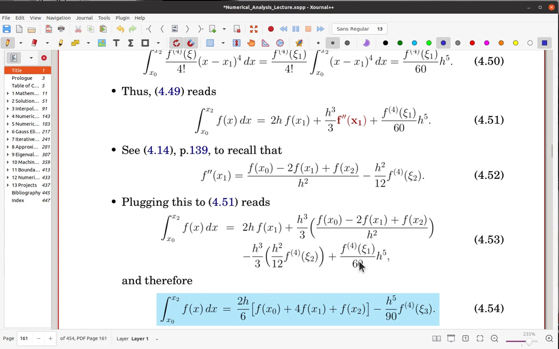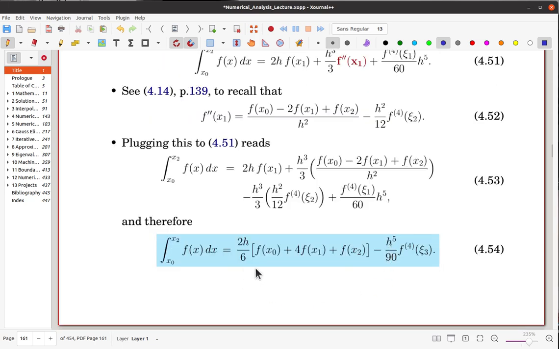And we combine these 2 terms, and we simplify this addition. Then we can get this one. That is exactly the same as Simpson's rule. So Simpson's rule has order 5 error.